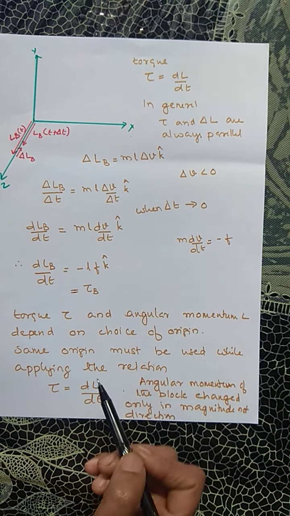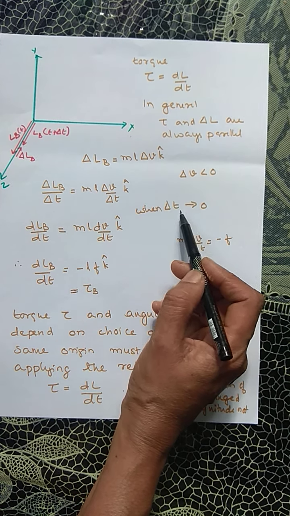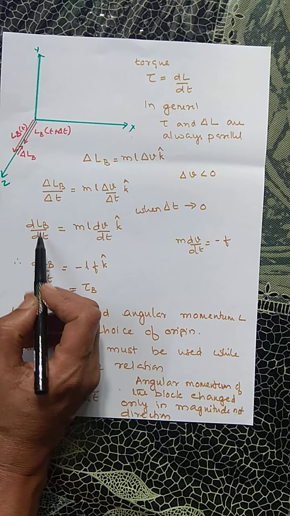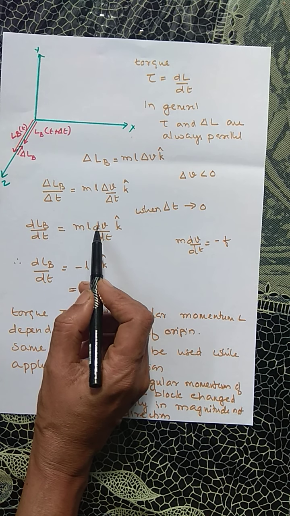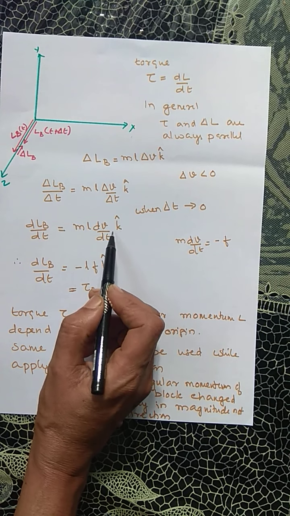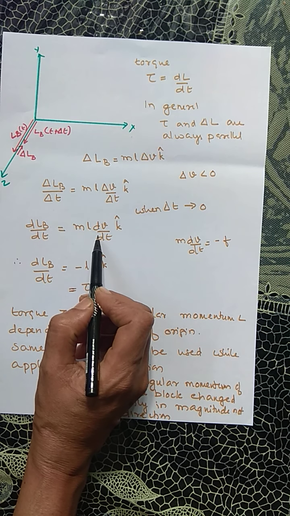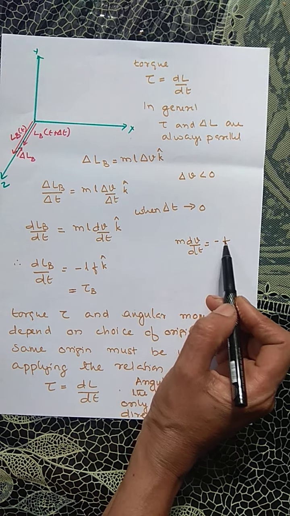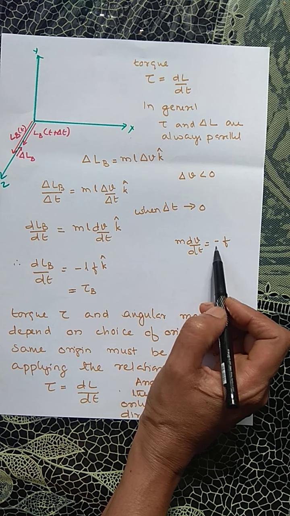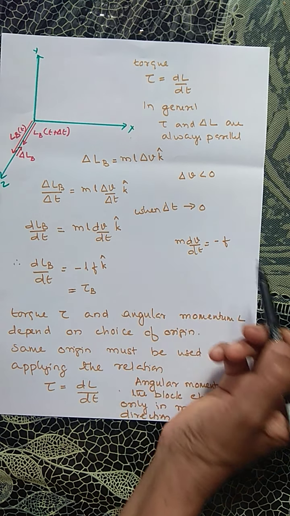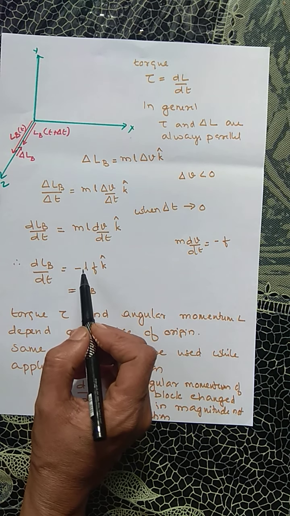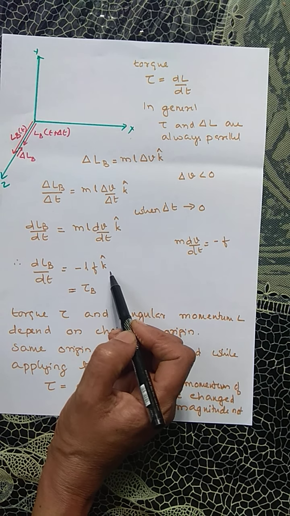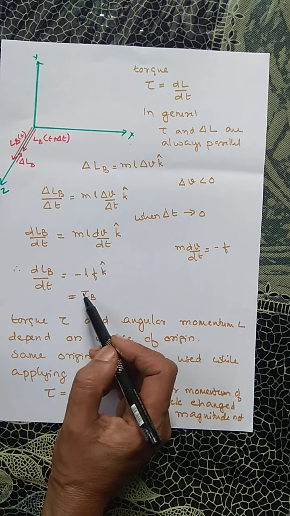When delta t tends to 0, you take the limit and get the rate of change of angular momentum, d LB by dt, equal to m L times the rate of change of velocity into k. dv by dt is our acceleration, so m dv by dt will be the force. Here the force is the frictional force, with magnitude minus f, in the opposite direction. So I can write d LB by dt equal to L into minus f into k. So this is equal to the torque tau B.